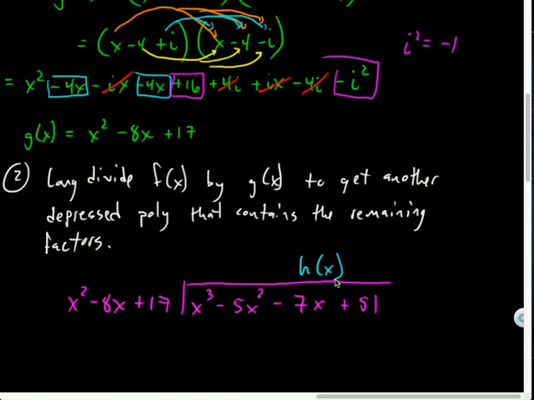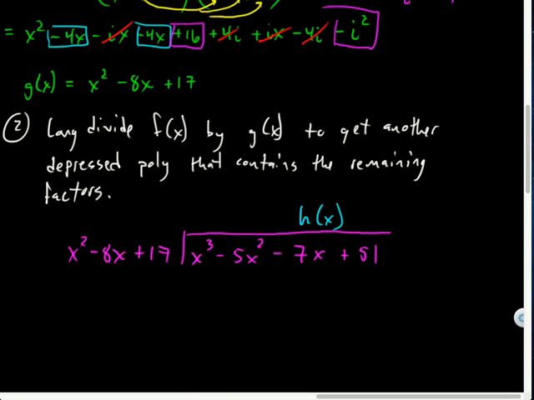Okay? After doing that all out. And then the last part will be set h of x equal to 0 and solve. Okay? So I think we're just about out of time, so I'm going to have to end the stream. But at least this is laid out. Not all of them tonight are going to be this tricky, so do not fret.